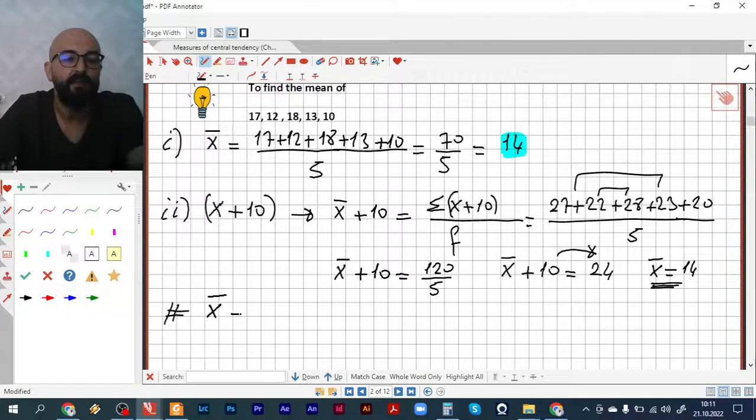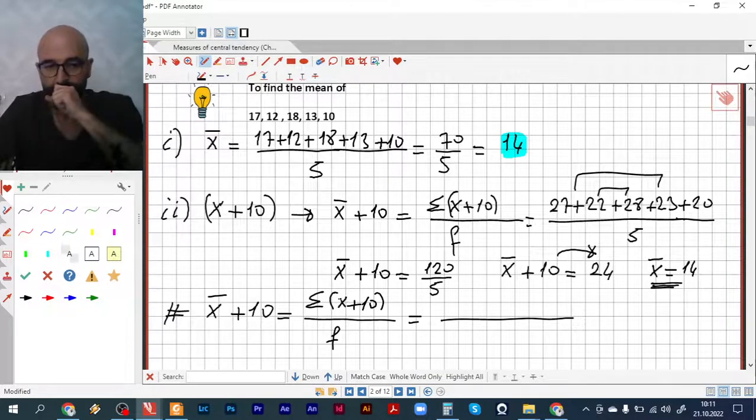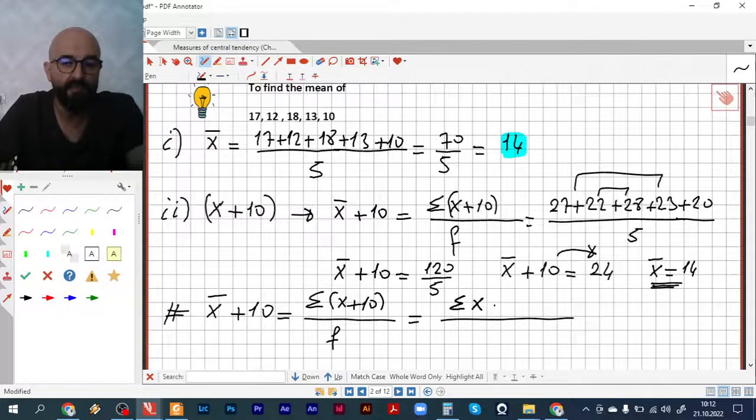The mean plus 10 means the sum of 10 more than all x over frequency. But if you want to separate this section, it is the sum of x plus 5 times 10. Why 5 times 10?